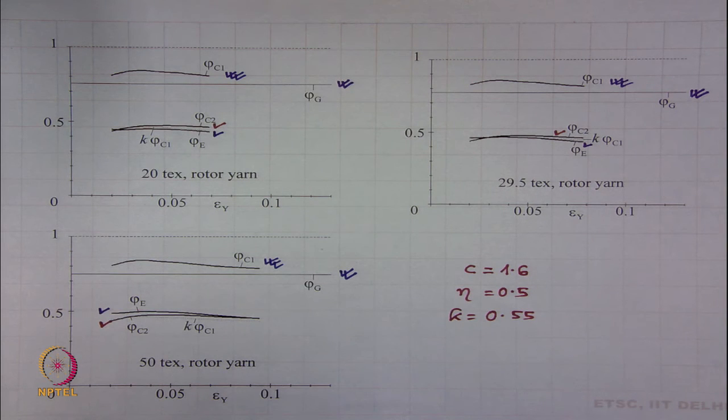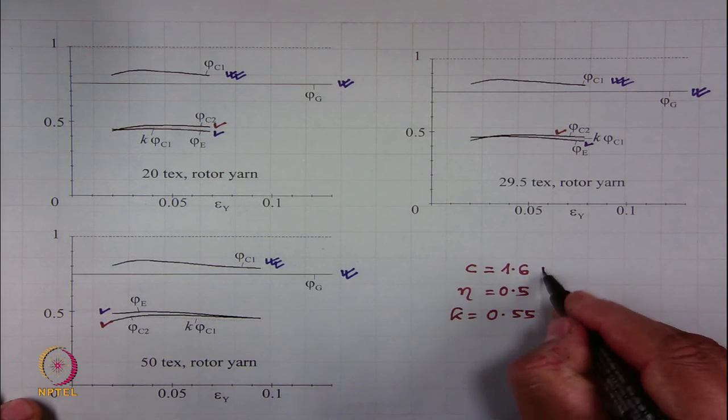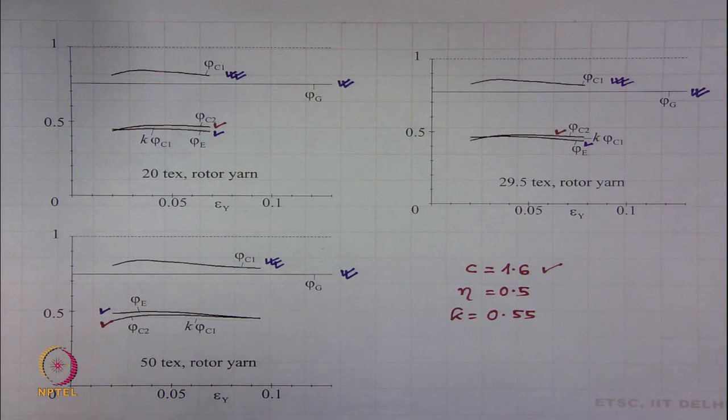Here again we see that partial generalization of the helical model results in very close correspondence with the experimental results. Now, if you look at the value of C, 1.6, what is C? A measure of anisotropy. C equal to 1 means isotropic.